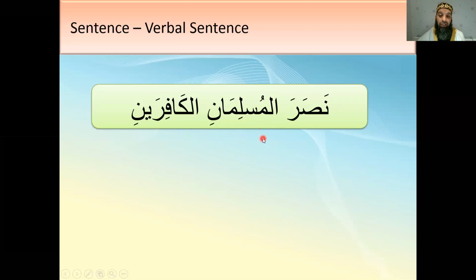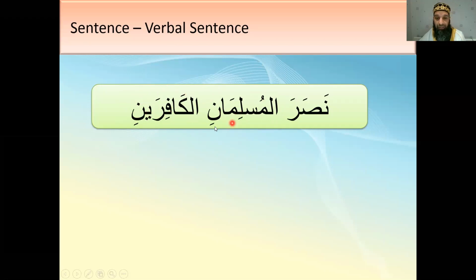If it was Nasara al-Muslimani al-Kafirani, then what would it mean? If this was Kafirani, then what would it mean? Okay, so ani is marfu as well.